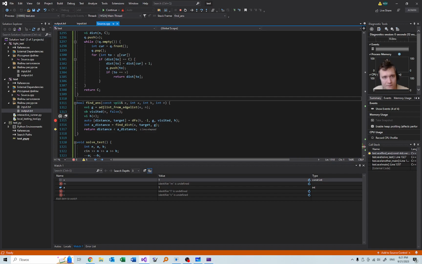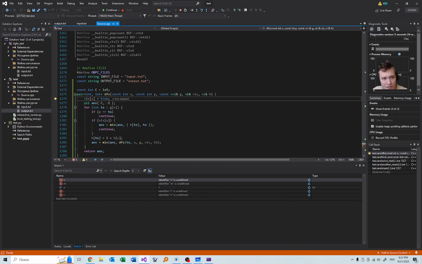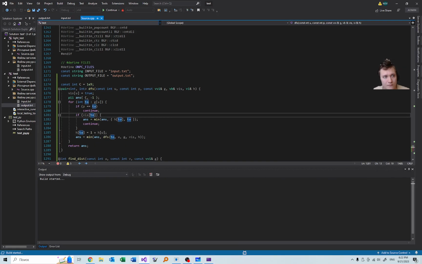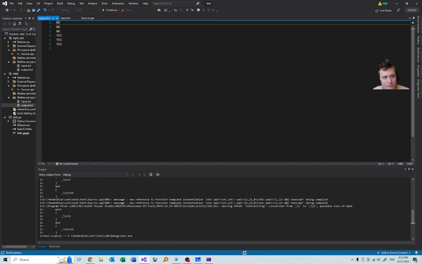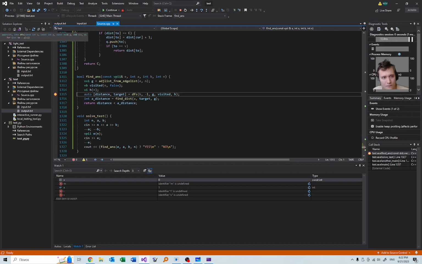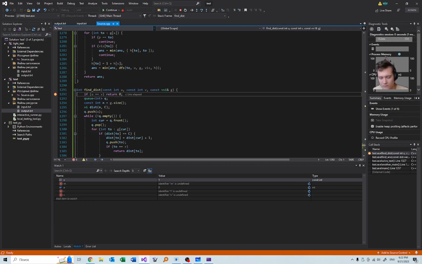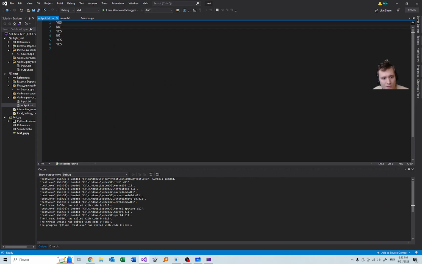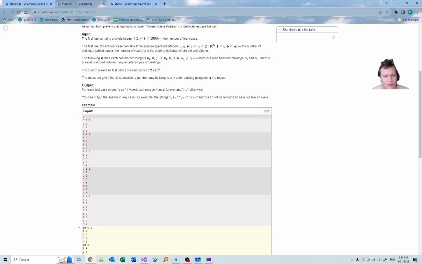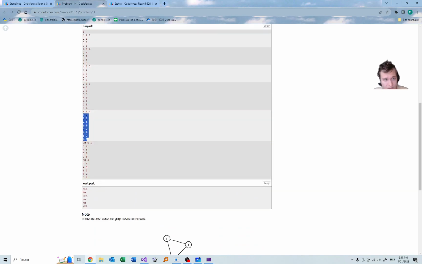So this is not correct. Let's look. So here we have u equals 0, and I want target to also be 0. It should be 2. Yes, no, yes, no, yes, yes. No, no, no, yes, actually. So this is incorrect.